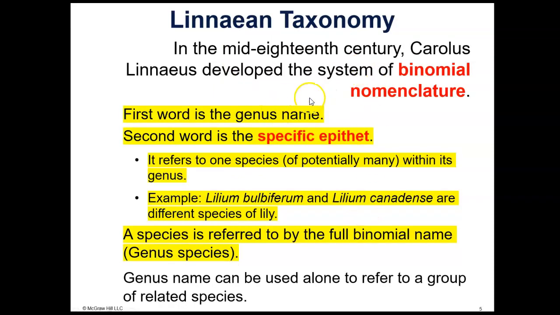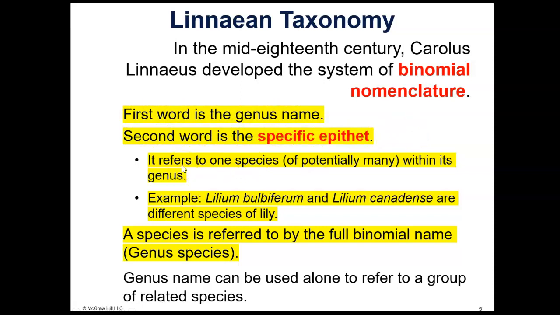All right, so in taxonomy, we use the rules for scientific naming, the rules of binomial nomenclature. That means a two-part scientific name. The first word is the genus, the second word is the specific epithet.